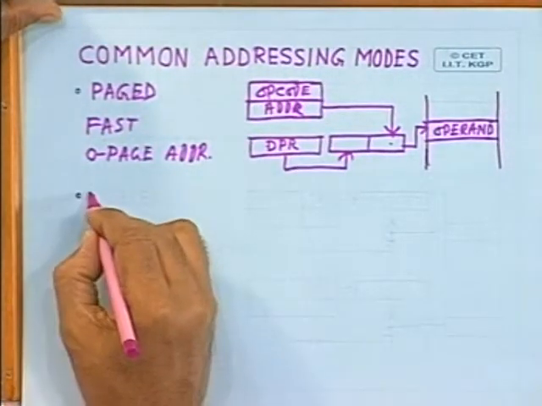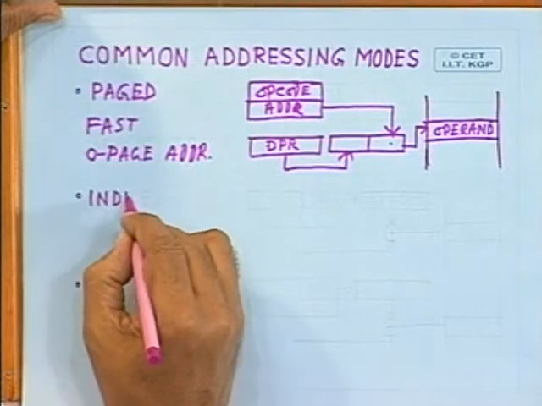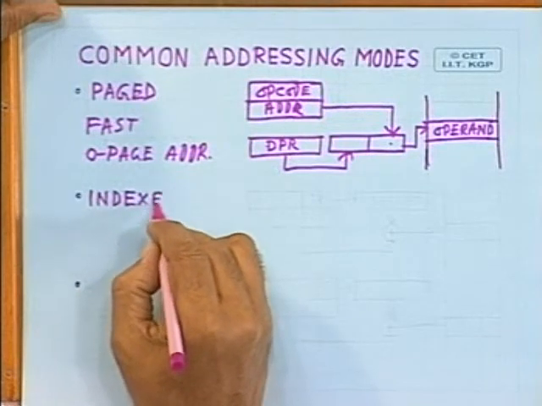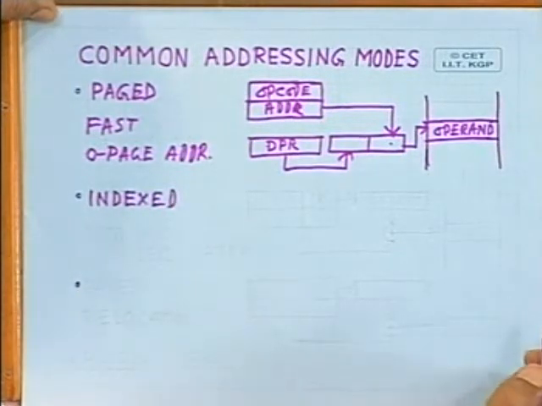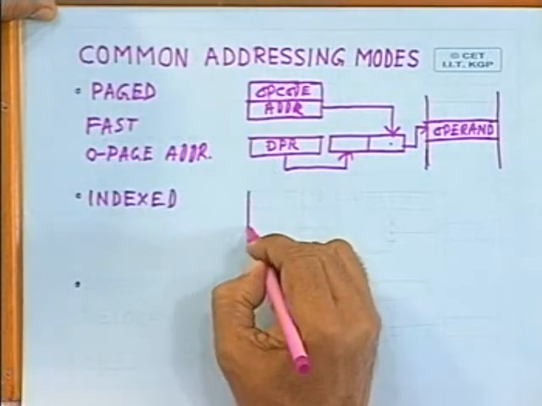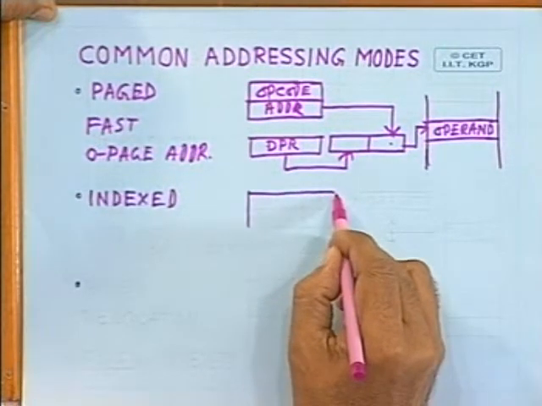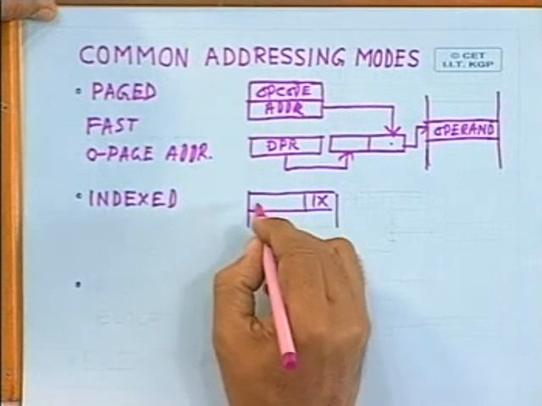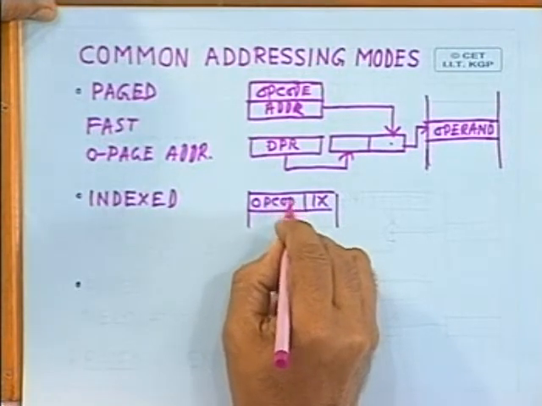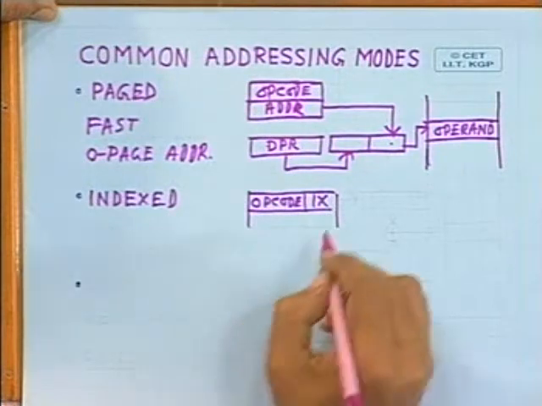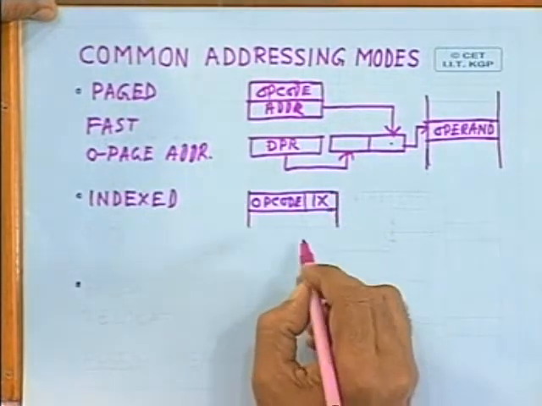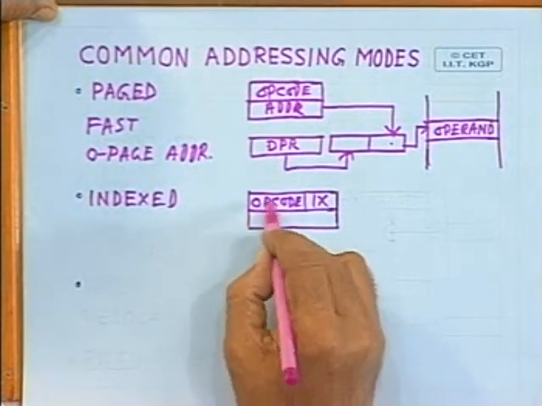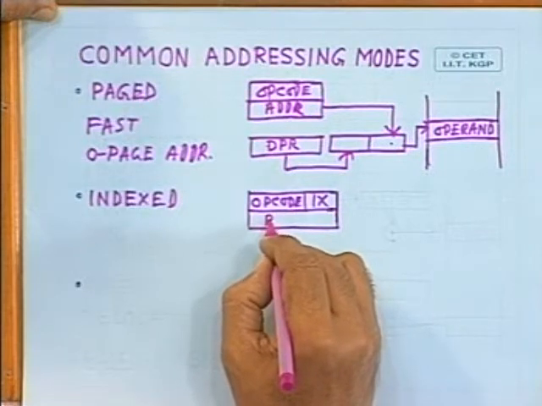Then comes indexed addressing. In indexed addressing, you use a special register known as the index register. Here is your opcode and here is your index register, which holds some offset value, and the instruction is also provided with some base address.